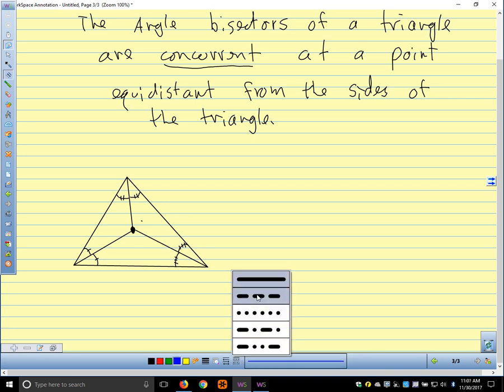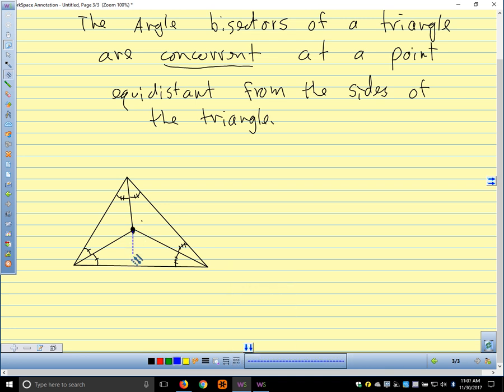If I draw these dotted lines, remember the distance from a point to a line is the perpendicular distance. And all of those are 90-degree angles.